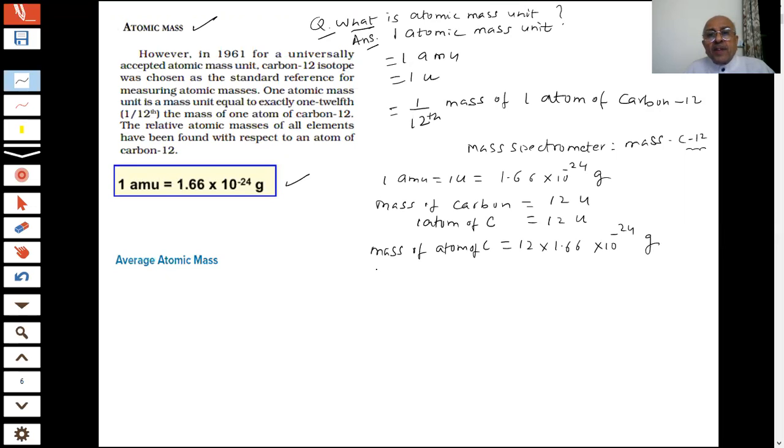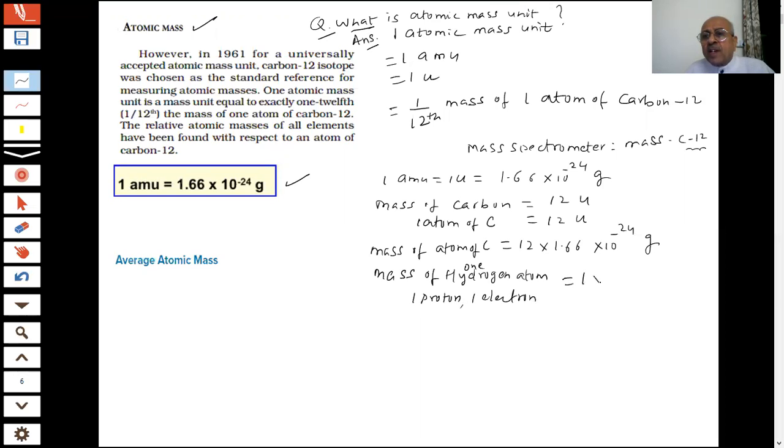And if I say the mass of a hydrogen atom, the mass of one hydrogen atom: as you will see in the periodic table, the mass number of hydrogen is given as 1. That means hydrogen has one proton, students, and one electron.